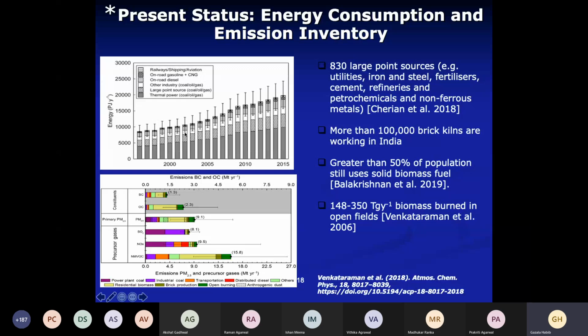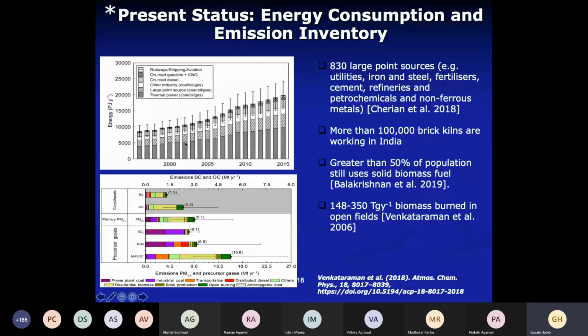The white is other industry, which means they are not large point sources but medium size industry and so on. Then you can see the on-road diesel in light gray color, and on-road gasoline plus CNG in the checked box on the top.